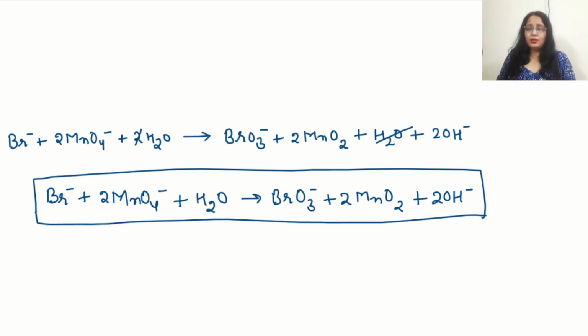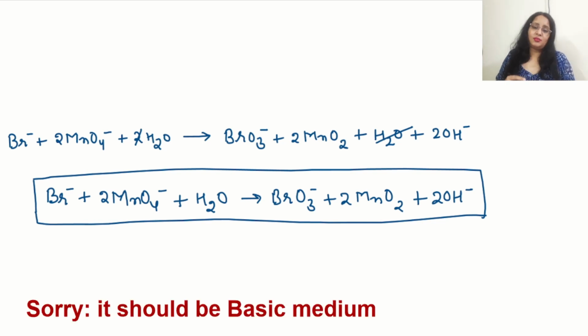Now all the things are balanced. Let's balance the charge. Minus 2 plus minus 1, that is minus 3 on the left hand side. On the right hand side again minus 2 plus minus 1 is equal to minus 3. So charge is also balanced. So in this way we will get the final balanced reaction in basic medium.